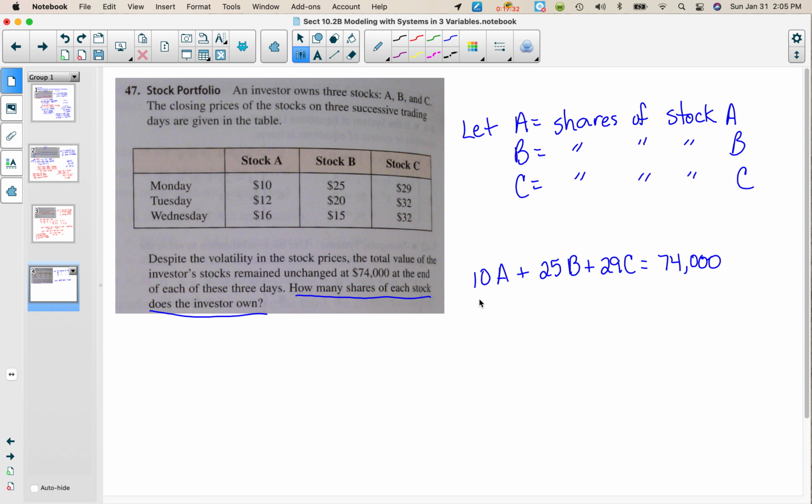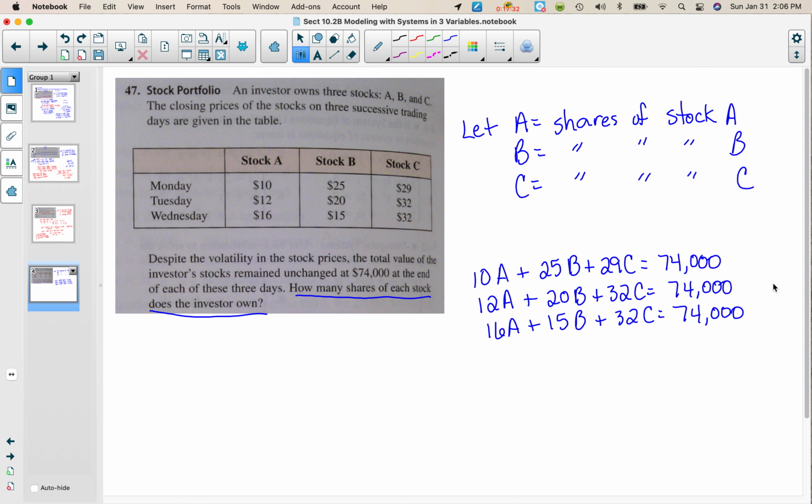The next one we have $12 times the number of shares for stock A plus 20B plus 32C, also equal to $74,000. And for the last one, 16A plus 15B plus 32C, also equal to $74,000.